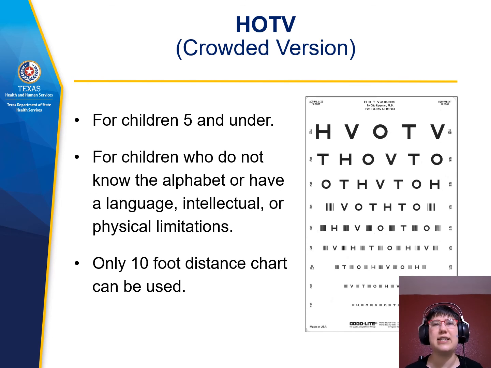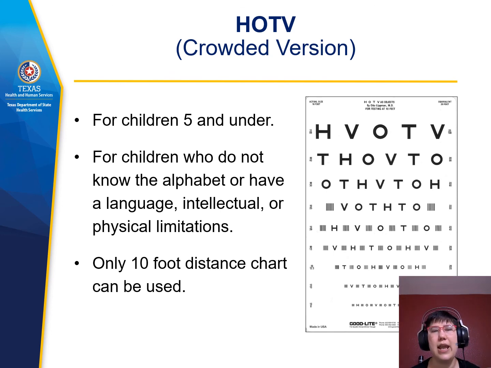So here is an example of the HOTV crowded version. It is usually for children 5 and under. If you've got kids who are already readers at that age, though, you're going to need to use the Sloan one. If you've got developmentally delayed kids who don't know all their letters and aren't starting to read, you would use this for an older kid too.